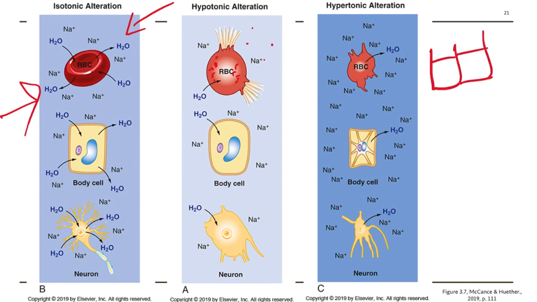So if this solution is in the extracellular space, is it going to move water in or out? No, because there's nothing to change. It's in its happy equilibrium space. It's got a similar percentage of particles to water in the intracellular space and in the extracellular space.